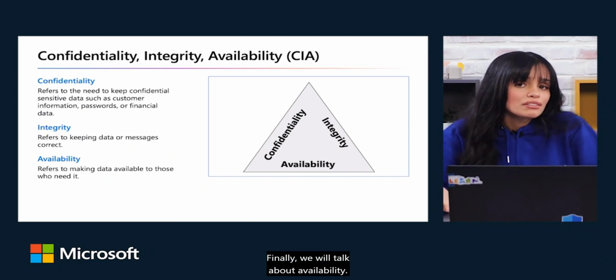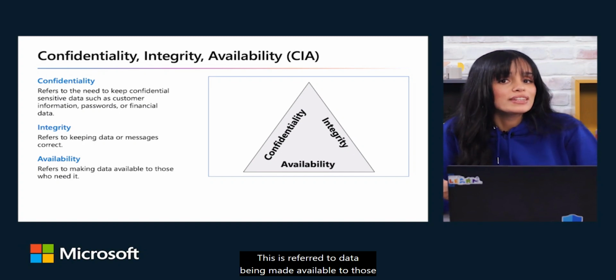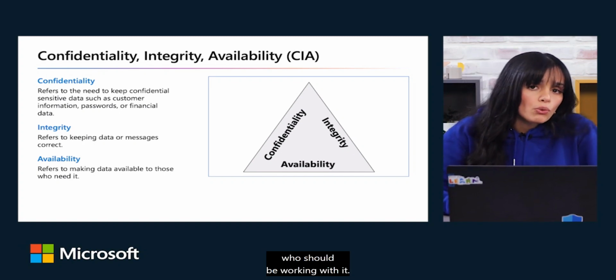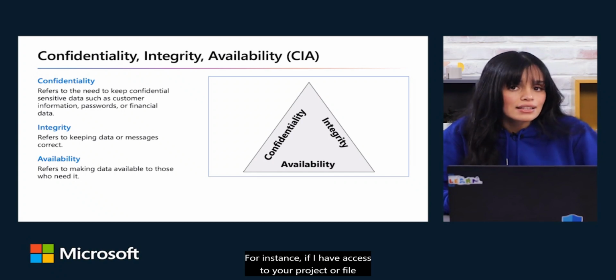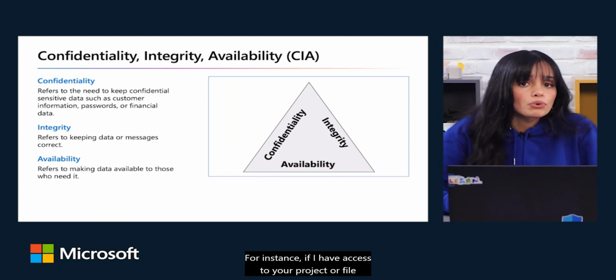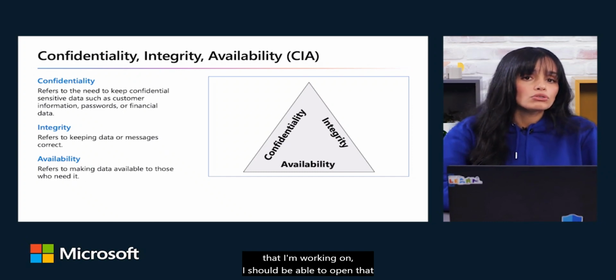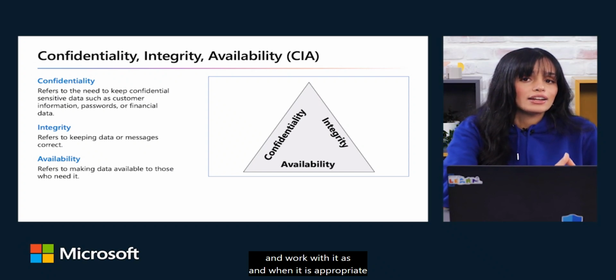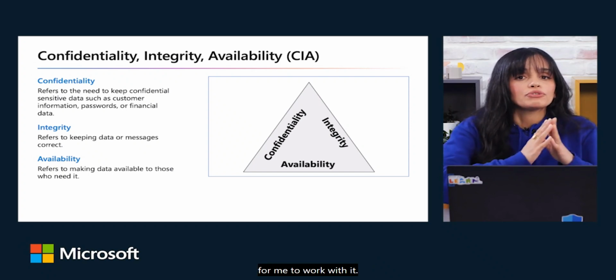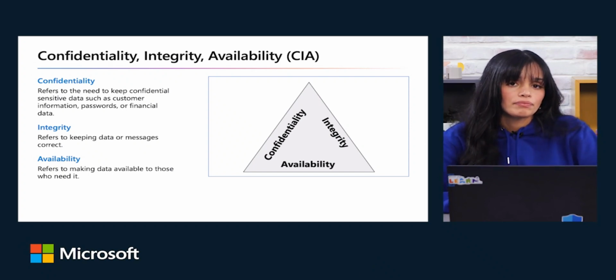Finally, we will talk about availability. This is referred to as data being made available to those who should be working with it. For instance, if I have access to your project or file that I'm working on, I should be able to open that and work with it as and when it is appropriate for me to work with it.